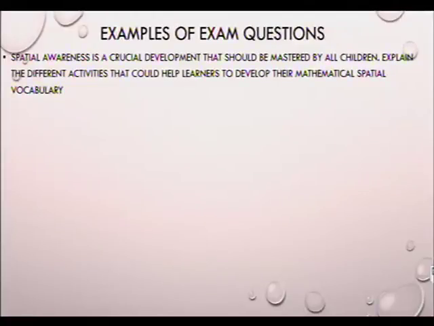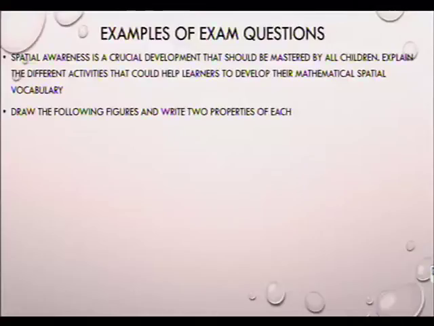Now there are 6 activities, and usually it is required from you to answer some of them, all of them. So you should know, as a student, how to help the learners or give activities to learners that have a problem with spatial awareness.